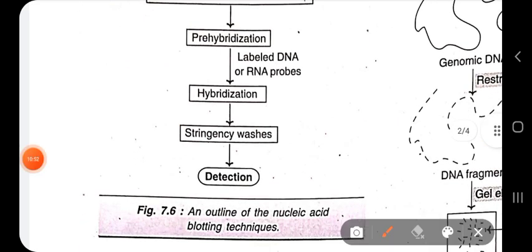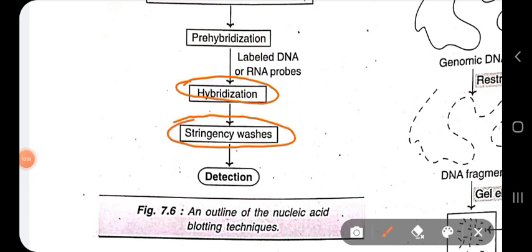So finally, after hybridization, we wash the support, whether you are using nitrocellulose or a nylon membrane.